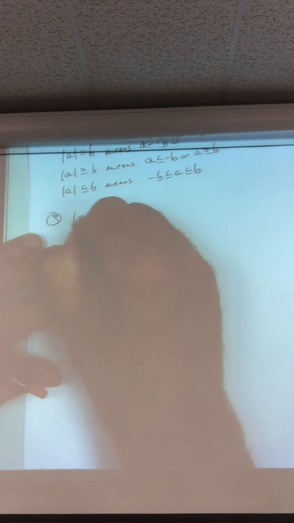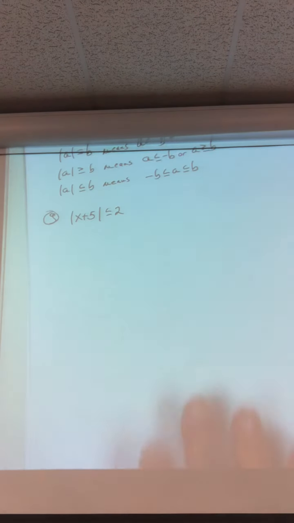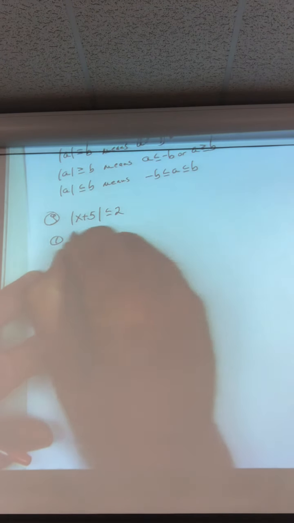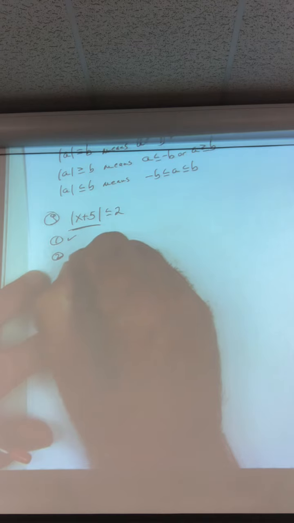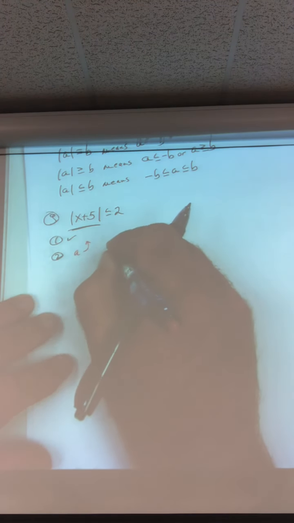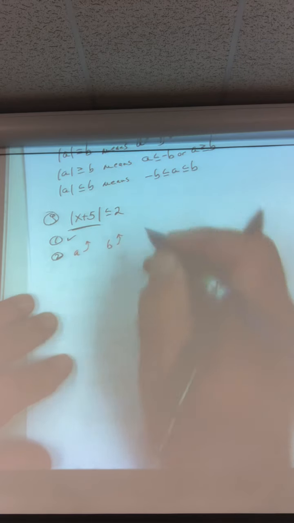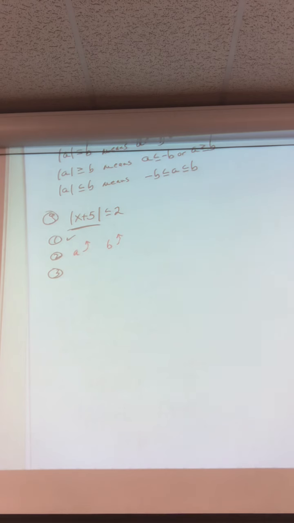Absolute value of x plus 5 less than or equal to 2. Okay, step 1. Get the absolute value by itself. It is. Step 2. Identify A and B. Step 3. Choose your formula.